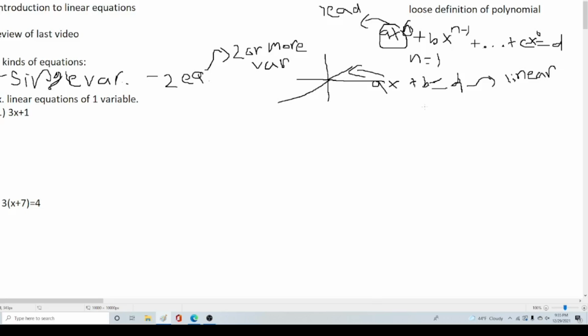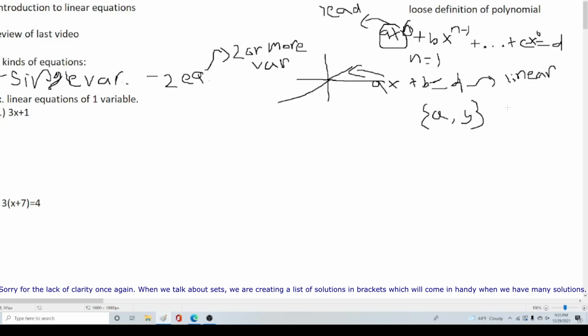When we're going to solve some equations, if we have a single variable, we deal with sets. Basically it's just a set of numbers that we have in our solution. So this could be any numbers a and b, and we put brackets around them. This says, okay, these are solutions.